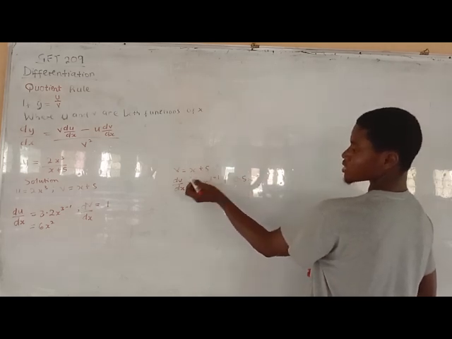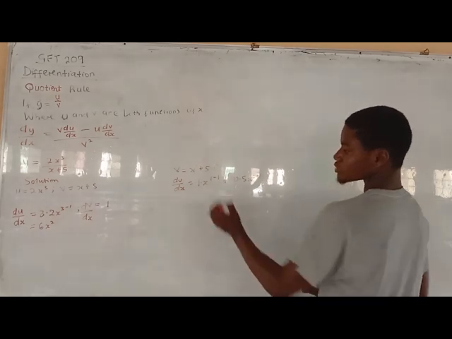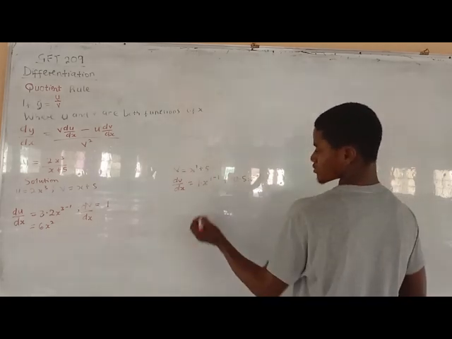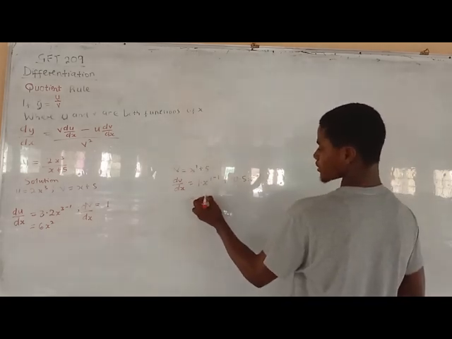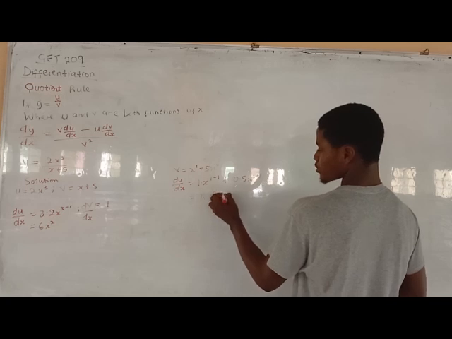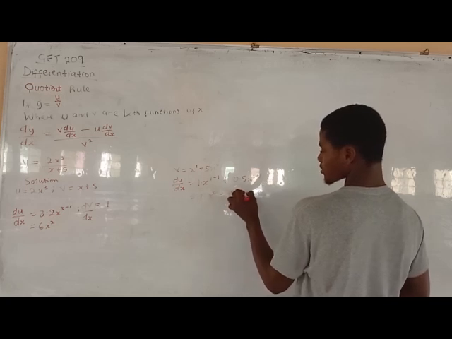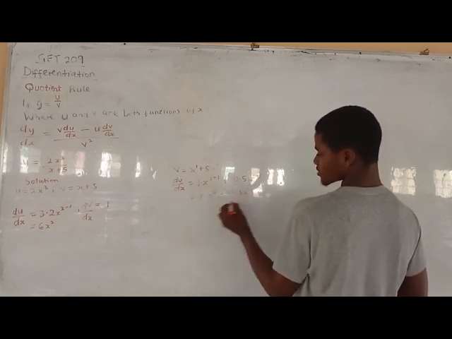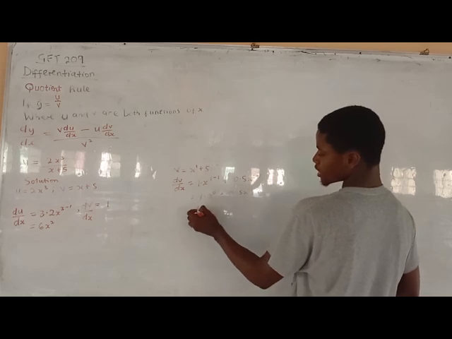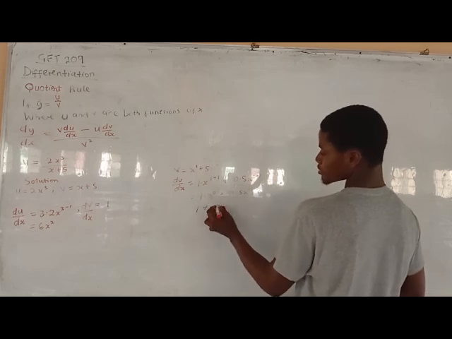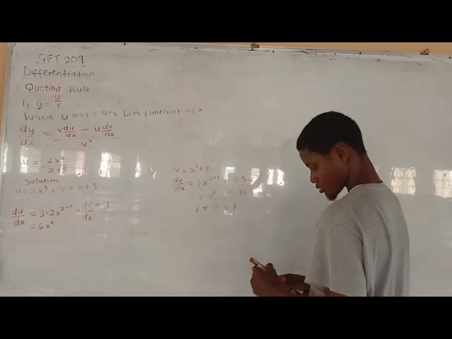Already we know that this is x raised to power 0, so this equals 1 times 1, which is 1. Anything times 0 is what? 0. This equals 1.